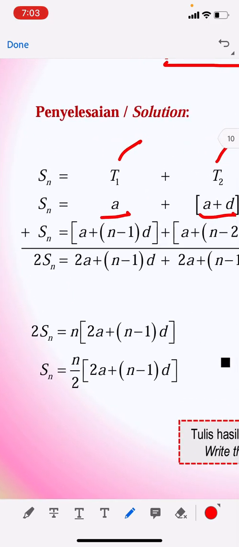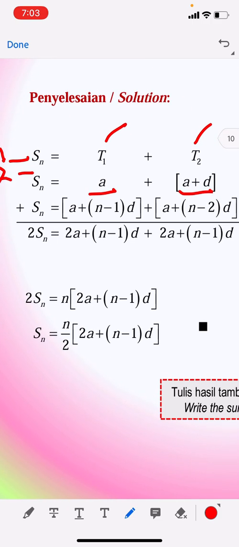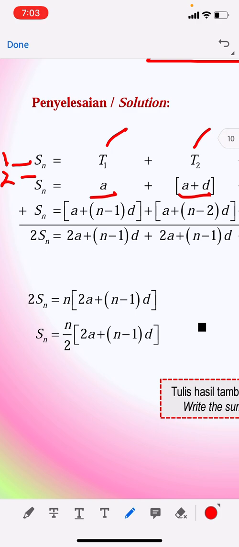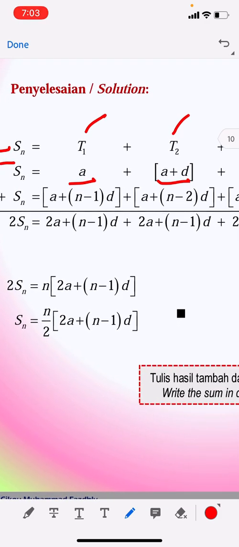And then after that, you take this one equation number 1, this is 1, this is 2, you plus 1 plus 2. So that means you plus the Sn, right? You take this one and plus with the Sn.